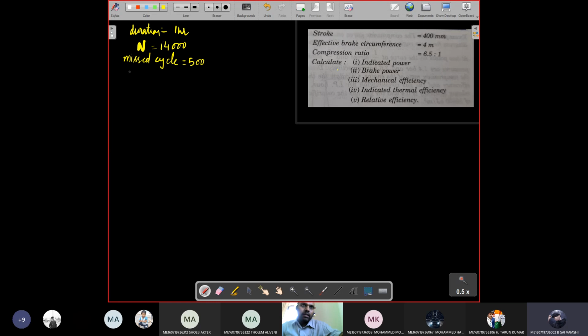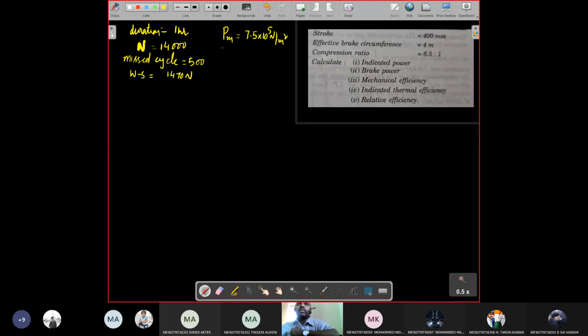Net brake load, W minus S, is 1470 Newton. Mean effective pressure is also given, 7.5 into 10 power 5 Newton per meter square.